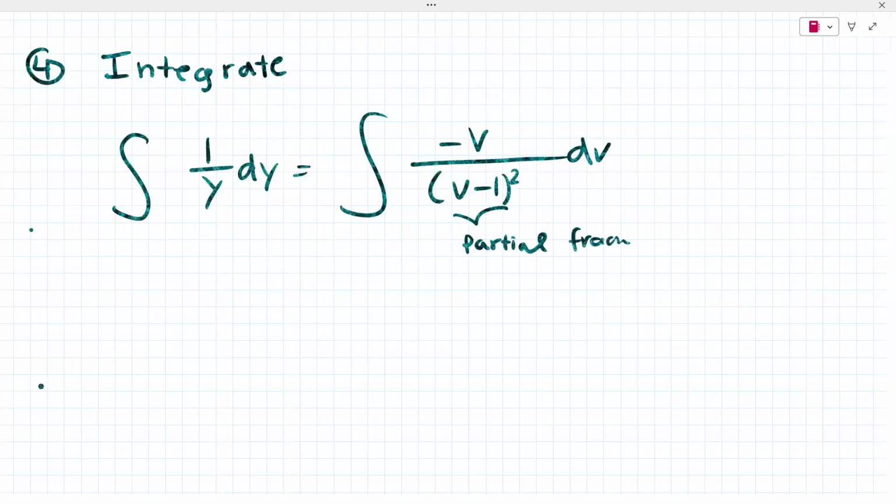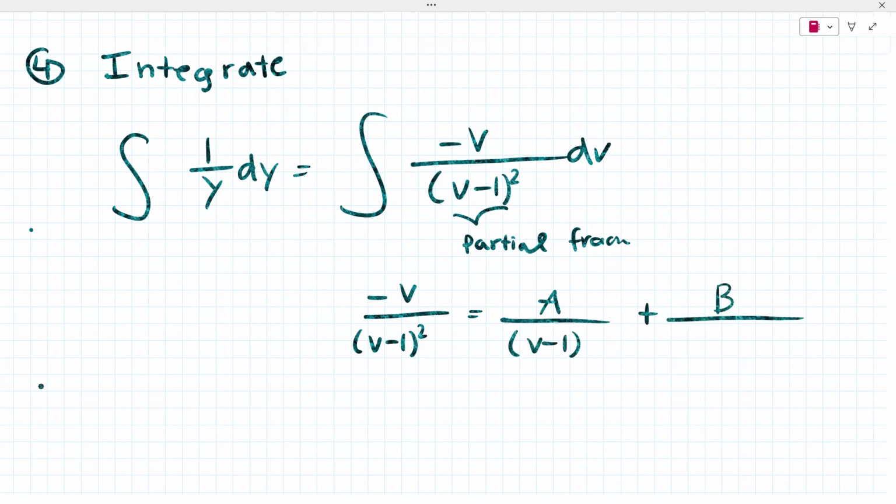So let's figure this out. You have negative v over v minus 1 squared, and on the other side we're going to do partial fractions, so it's going to be A over v minus 1 plus B over v minus 1 squared.